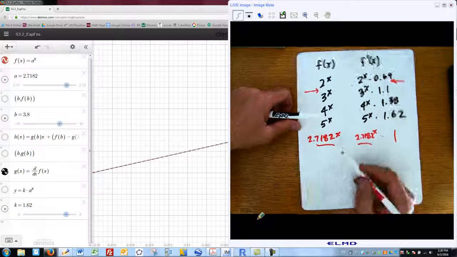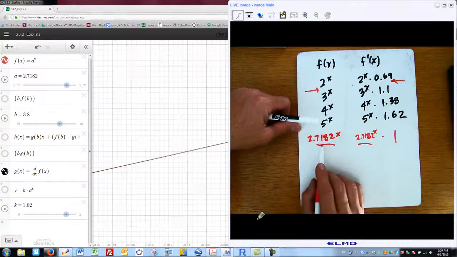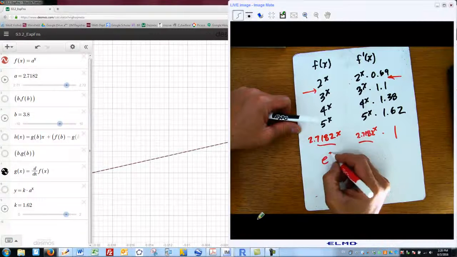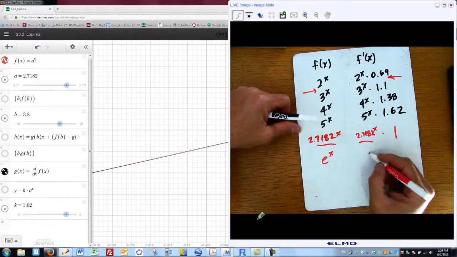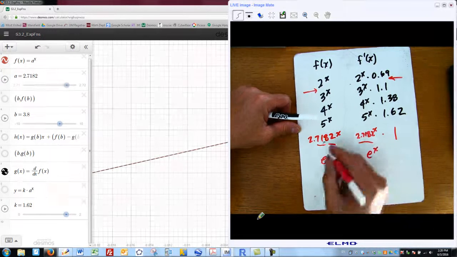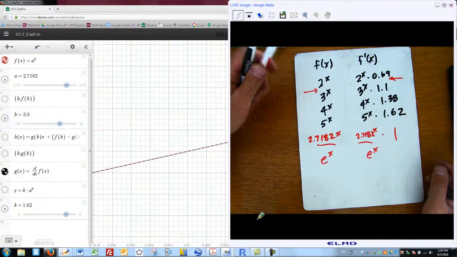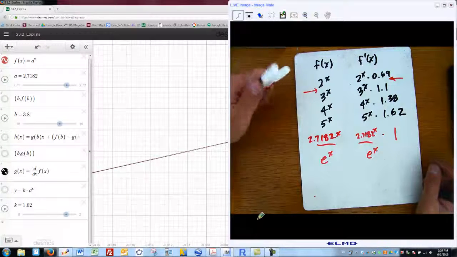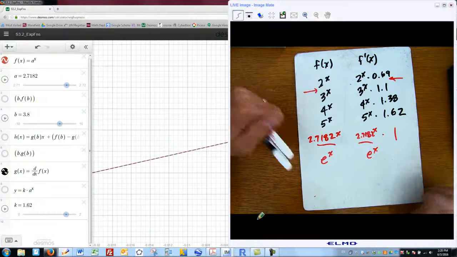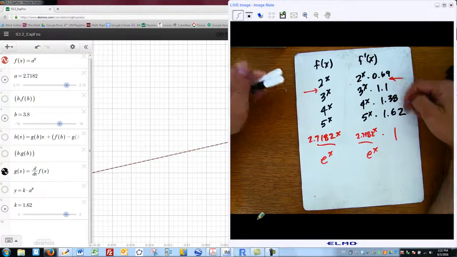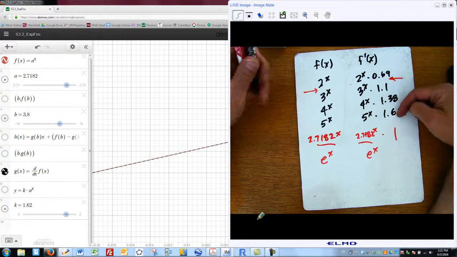But of course, we know that we could keep zooming in, and this seems like a rough estimate at this point. But what you should notice is that this actually turns out to be this very special number, e. e is equal to 2.718 dot dot dot. It's an irrational number, and it does have as itself its own derivative. So we've discovered that.